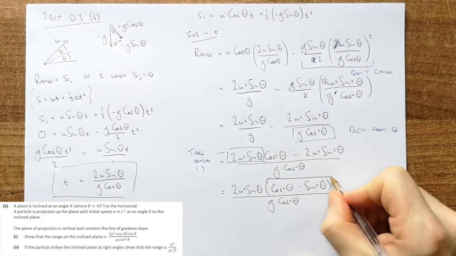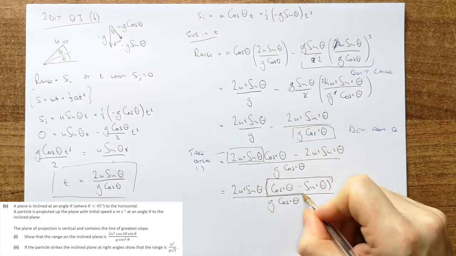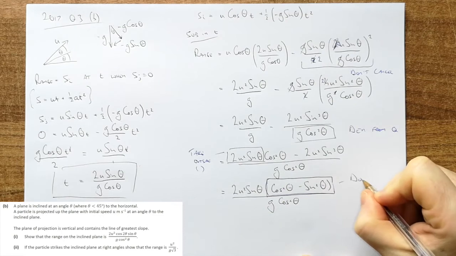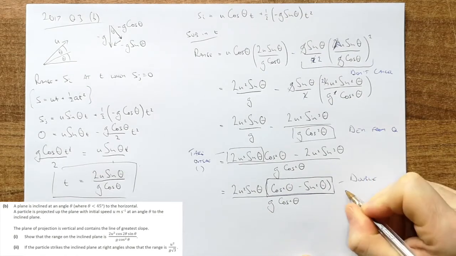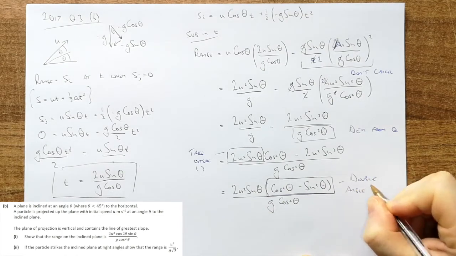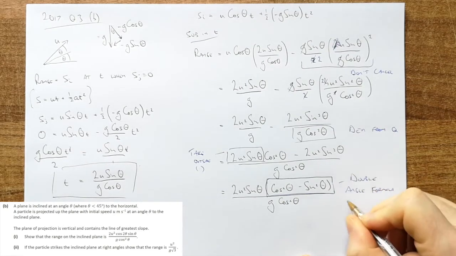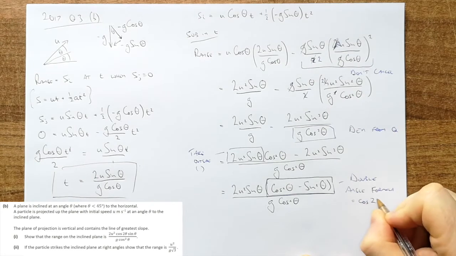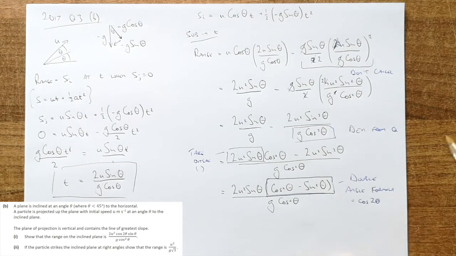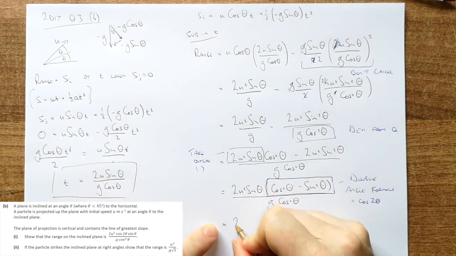So put that in the little box, and that, of course, equals cos 2 theta. You don't need to memorize these, but you do need to know they exist. When you get to that stage, check your trig relationships, all sorted.